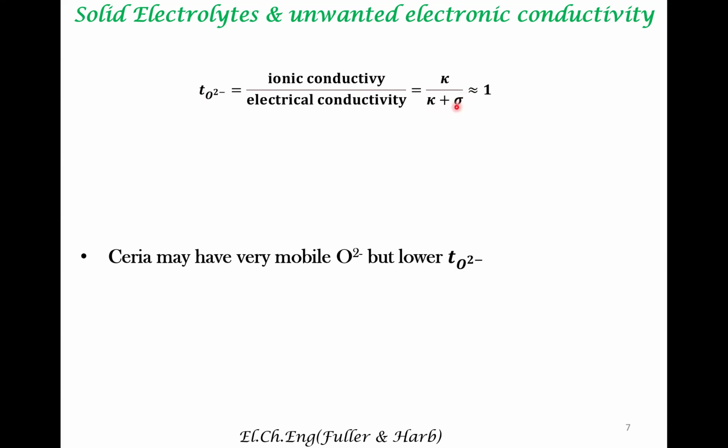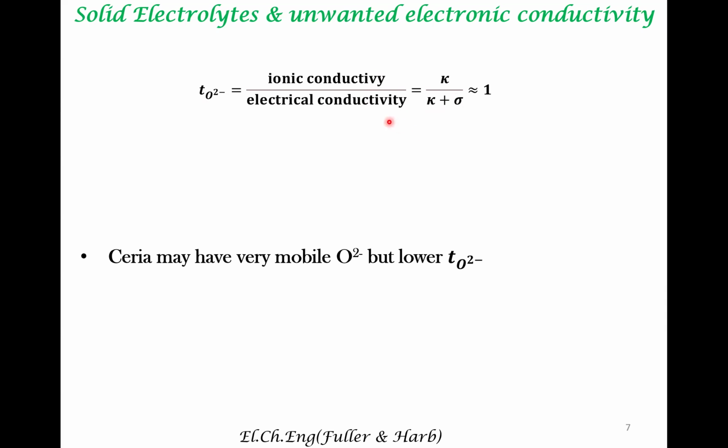But however, because of aliovalent doping, it is not possible to have zero for electronic conductivity. But the transference number is more or less one. That is, all the current that is being carried is carried by only the ions, and very limited current is carried by the electronic conduction pathway.